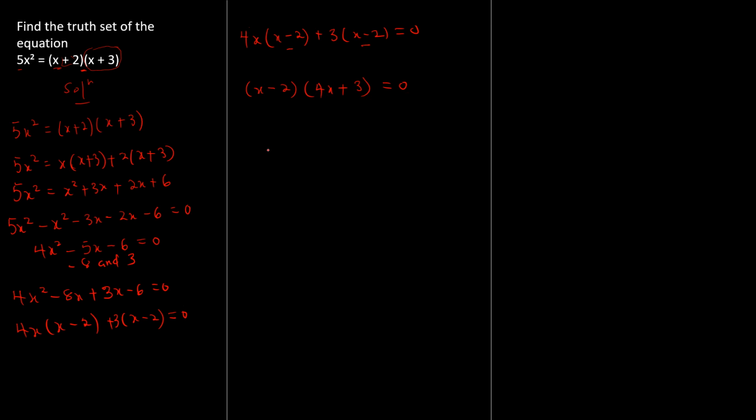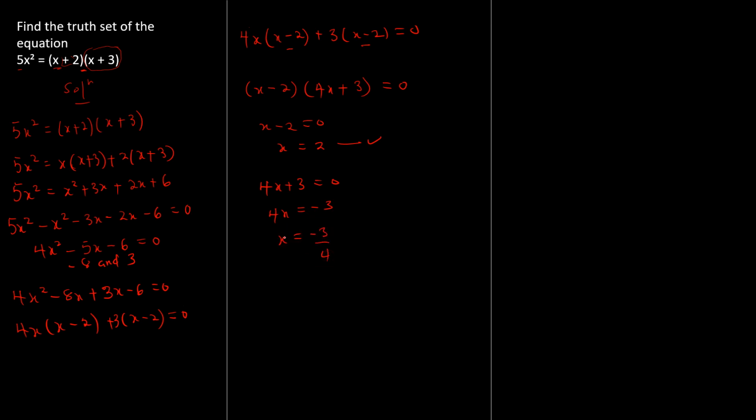For me here, I take the first one, which is x minus 2, and equate that to 0. x is now equal to 2. That is the first one. With the second one, we have 4x plus 3 is equal to 0, so 4x is equal to negative 3, and then x is equal to negative 3 all over 4.